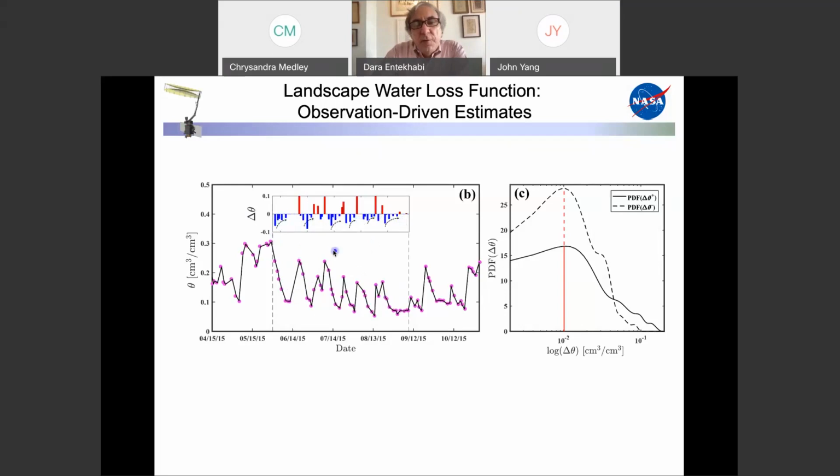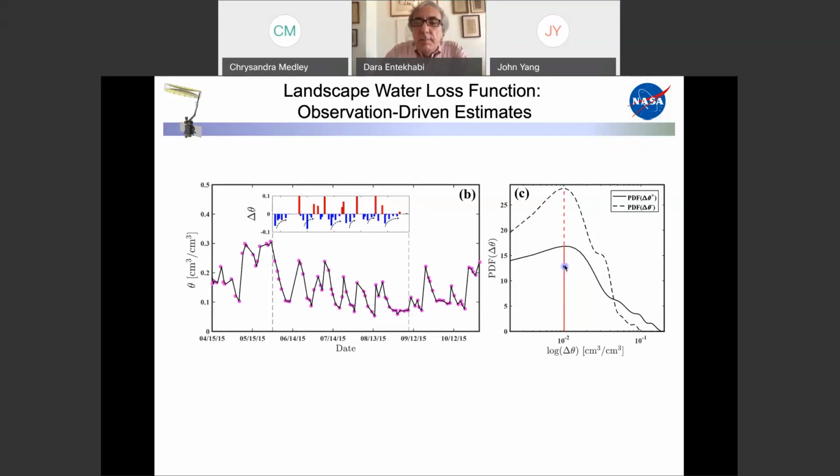Now, if this time series is statistically stationary, meaning that the landscape is not indefinitely gaining or losing water, then the average of the blue and the average of the red should equal over time. That's statistical stationarity. It just means it's going up and down around the climatology. And if we plot the probability density function of the red and the blue, you get these two probability density functions.